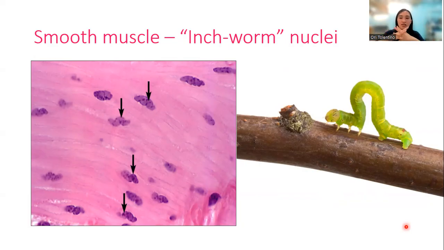They are haphazardly arranged, randomly, in the cytoplasm. So when they contract, they might deform your nucleus. The nucleus gets hit by these randomly arranged fibers and is deformed when they contract. So this nucleus does not look rounded, but looks folded like an inchworm.